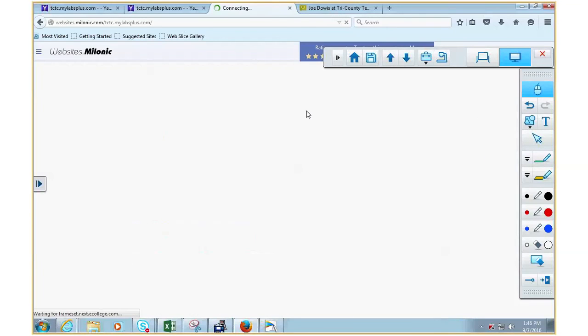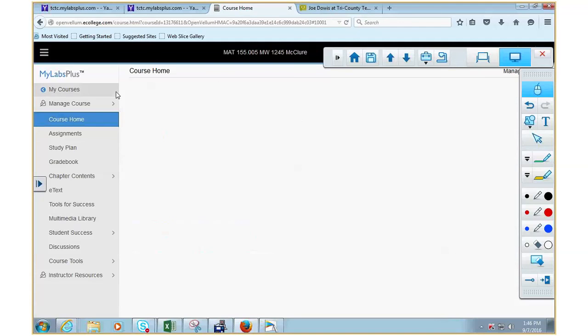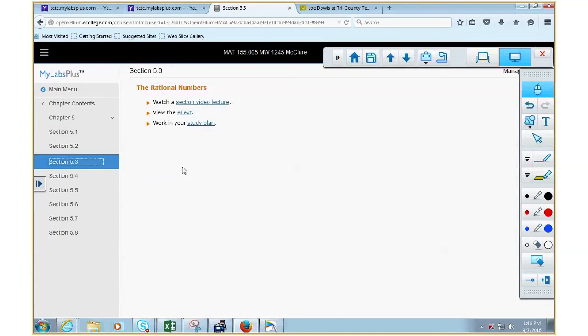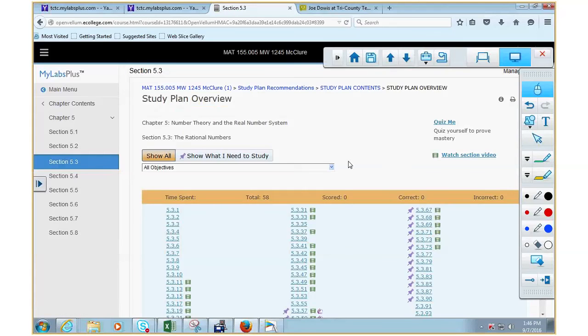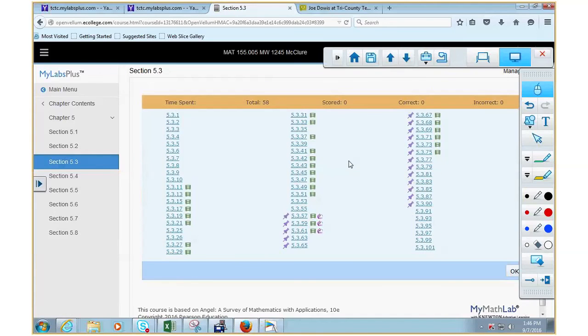Why doesn't it work? There it goes. 5.3. What number did I say that was? Was it 85 or 22? I don't know. This question needs more study. Okay, 22.